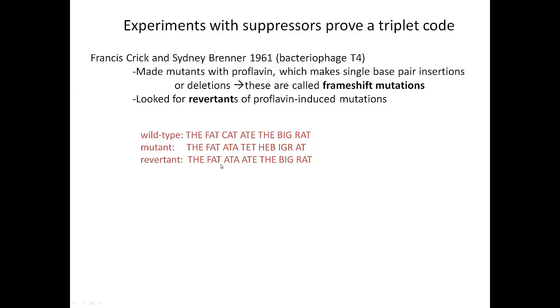You can see here that the C is still missing in that position, but there's a compensating A put a little bit later. What that does that's so important is that it puts the rest of the protein back into frame, and even though this protein still has a few small mistakes, we can make something that at least has some function.